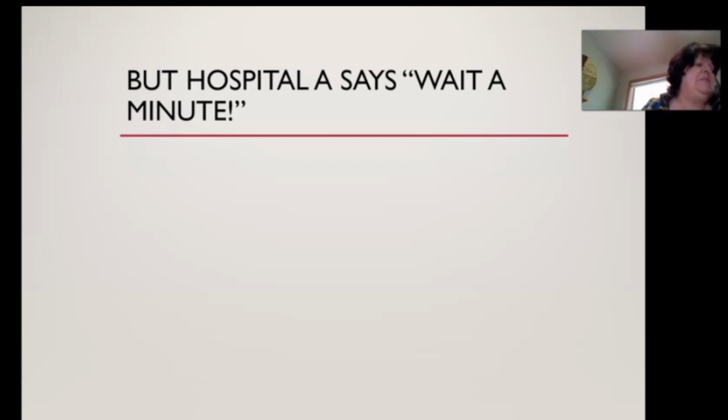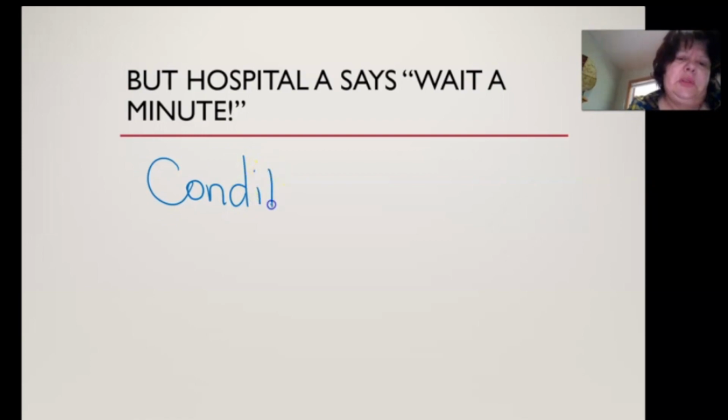So what could hospital A be thinking about? What's happening to hospital A to bring up the death rate, but still makes it do a good job, in fact, better than B? Well, we're going to look at the condition of the patient. There are other variables you could think of too.